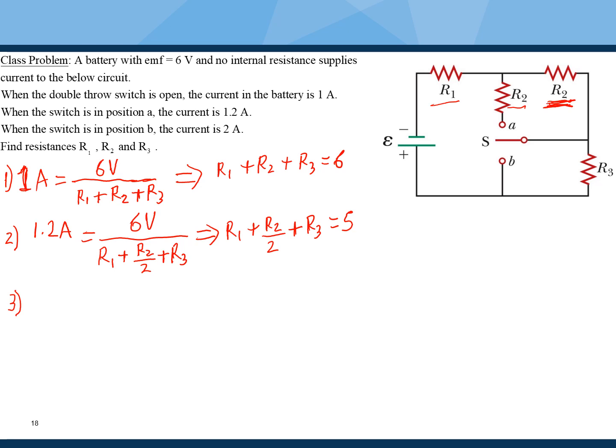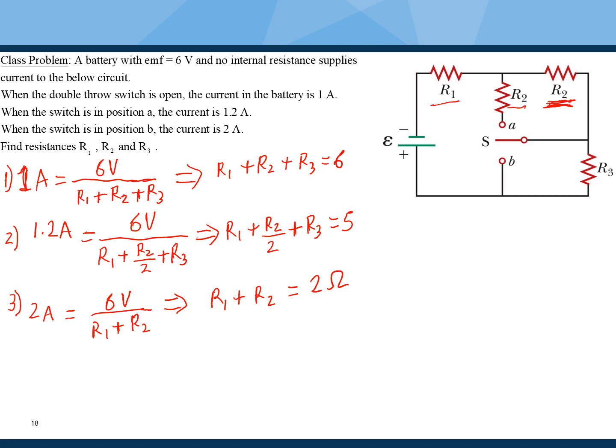So if the current is 2 amperes, then we have 2 amperes is equal to 6 volts divided by R1 plus R2. This tells us that R1 plus R2 is equal to 6 divided by 2, which is 2 ohms.